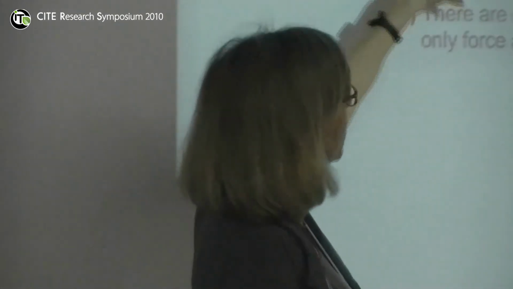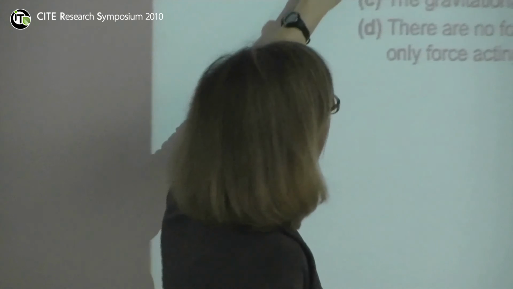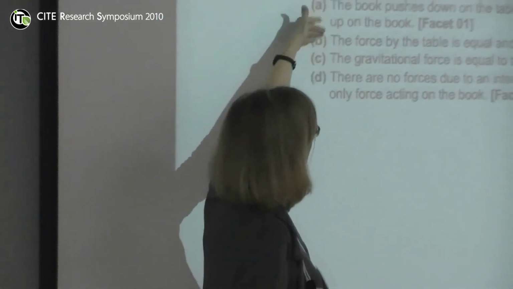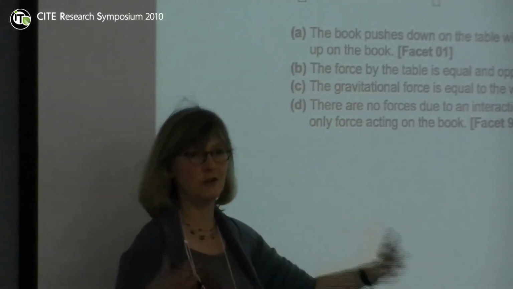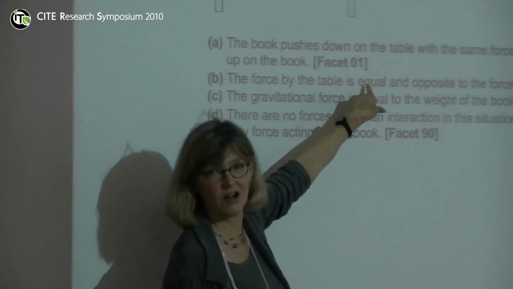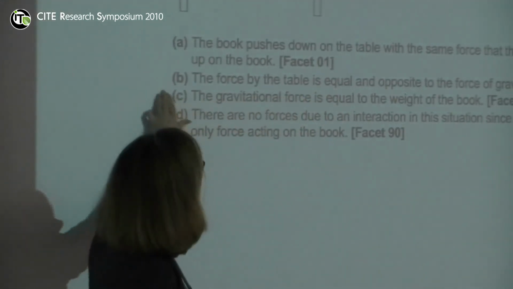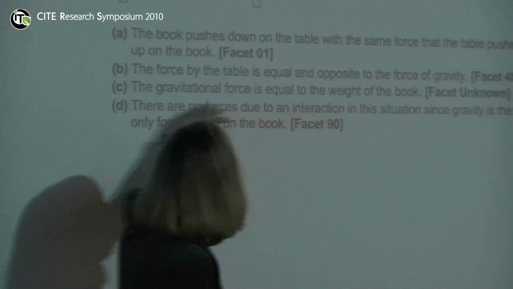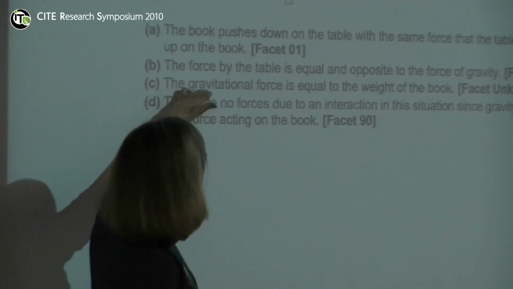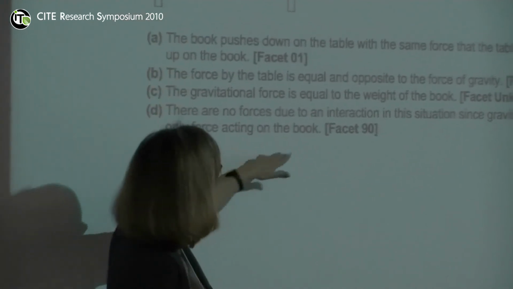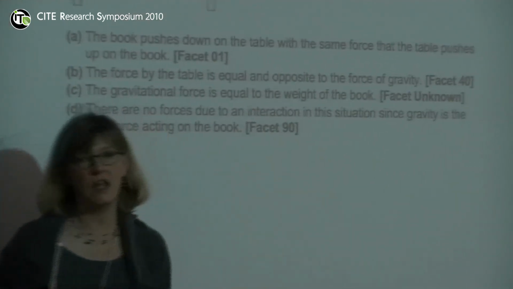But the different possible actions are all categorized by the facet. So in this case, those of you who like to know whether you're right or not, A, that's facet 1. That was the target facet. B is facet 40. C is one they couldn't classify, but students often have this idea on this particular item. And then D is facet 90.